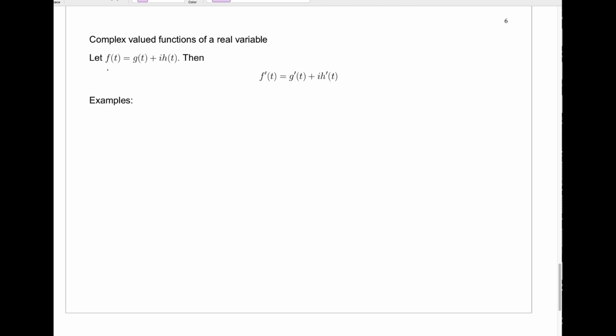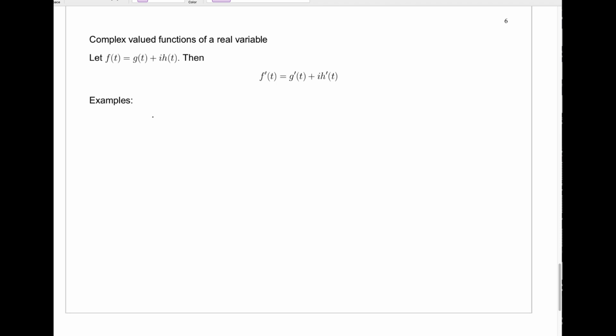So we can split any complex valued function of a real variable into a sum of two pieces. One is the real part, and then you have plus i times the imaginary part. When we talk about differentiation of a complex valued function of a real variable, it's very simple. We just write f prime of t is the derivative g prime of t plus i times h prime of t. We just differentiate the real part and the imaginary part separately, and everything works out just as normal.